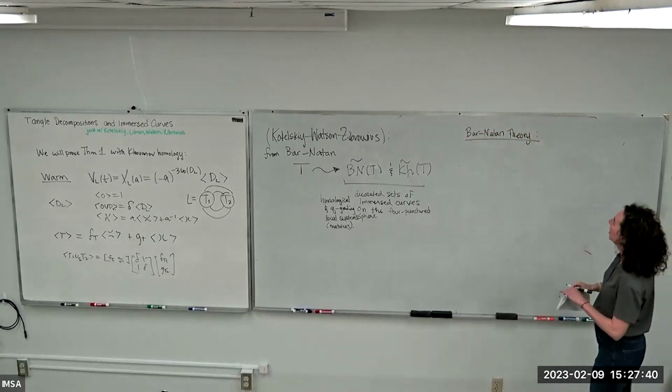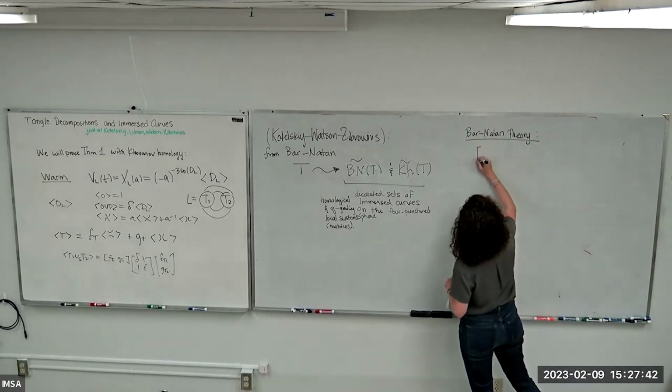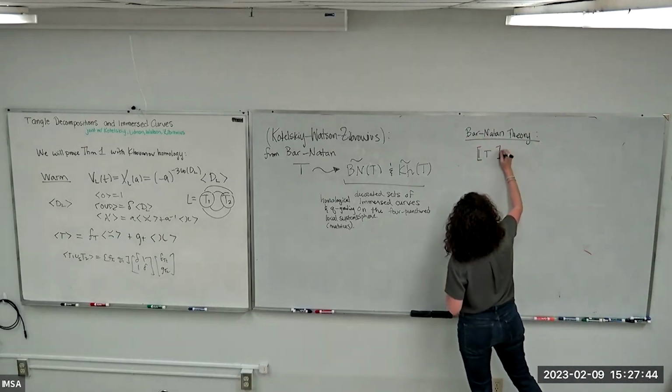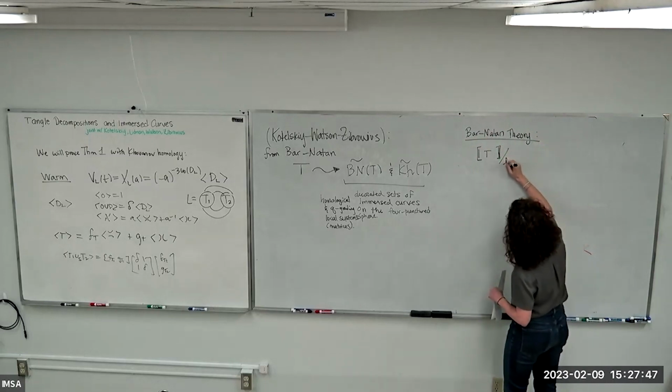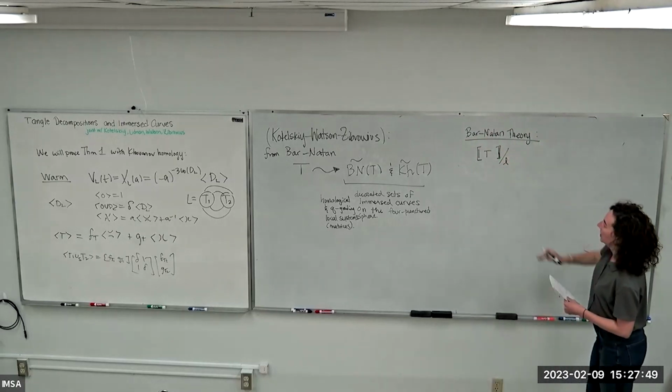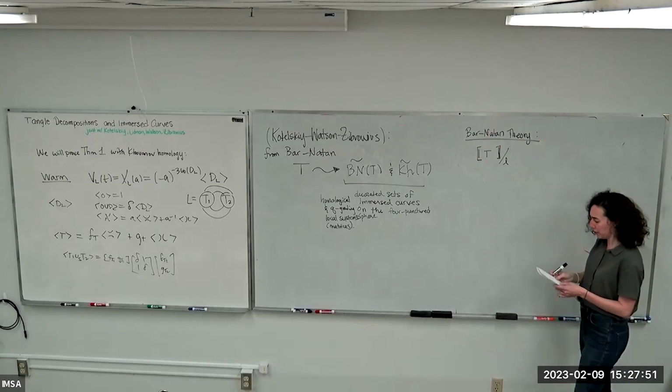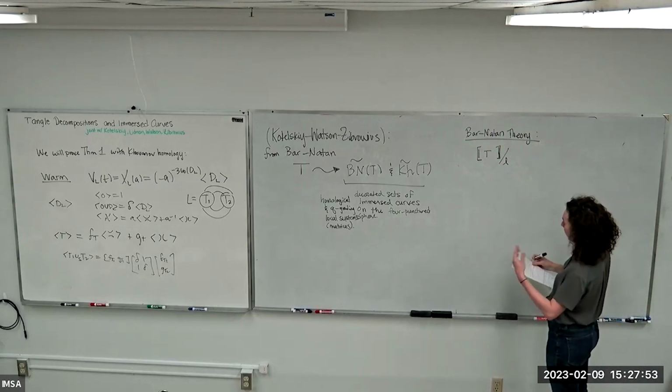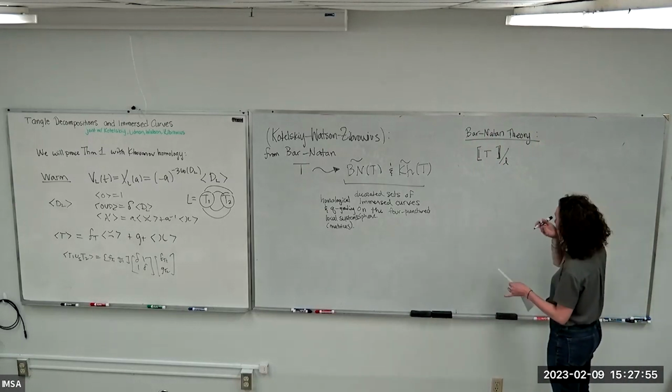Okay, so Bar-Natan's tangle invariant is denoted bracket T, and then mod lowercase l. That l stands for local relations.